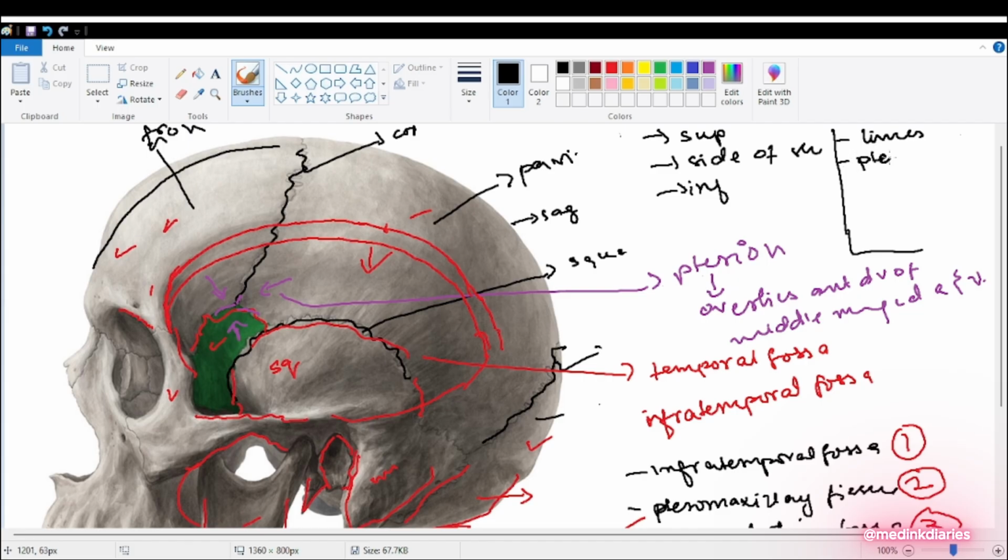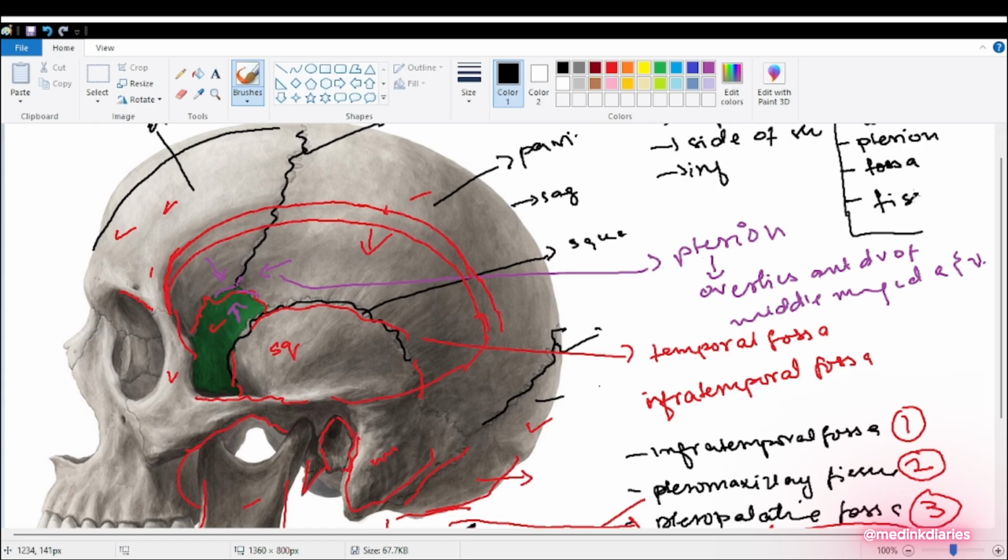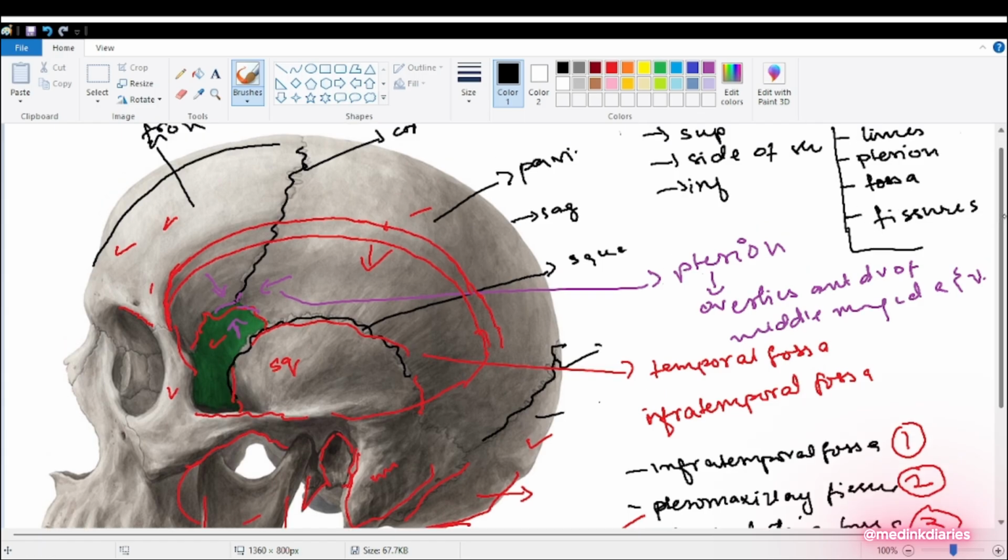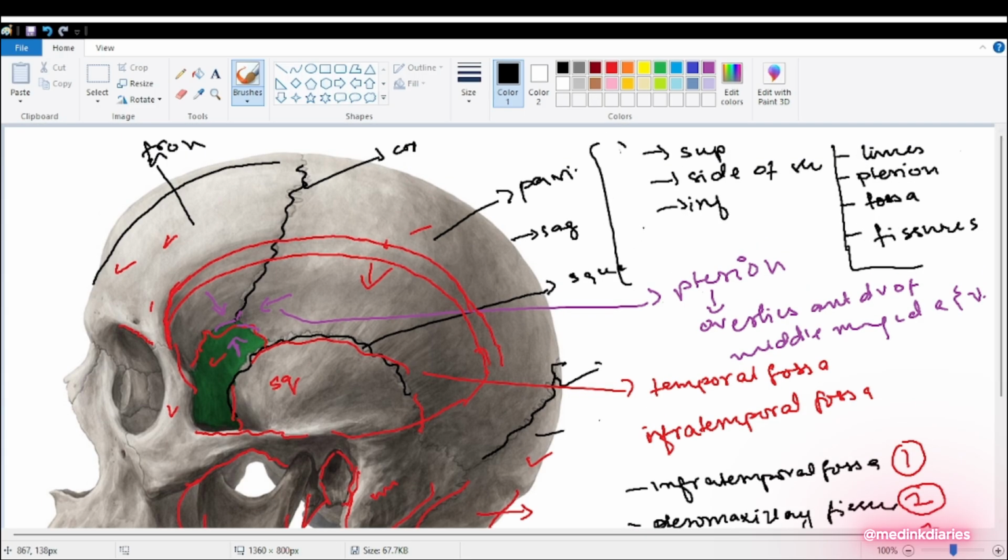Then we studied the pterion, what the pterion is and its clinical importance. Then we studied some fossae, including the temporal fossa, infratemporal fossa and pterygopalatine fossa, and then some fissures that connect the respective fossae. So this is a review of this whole lecture, and let me know if you don't understand anything here.